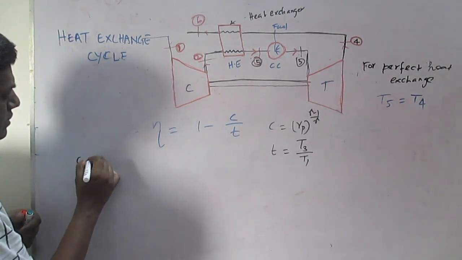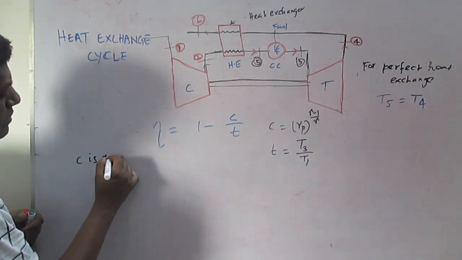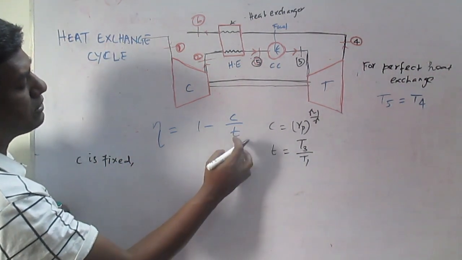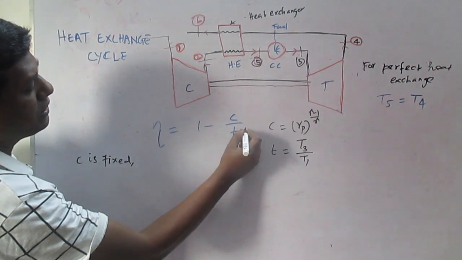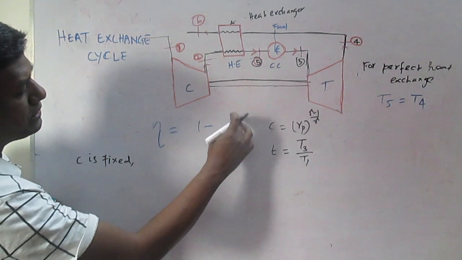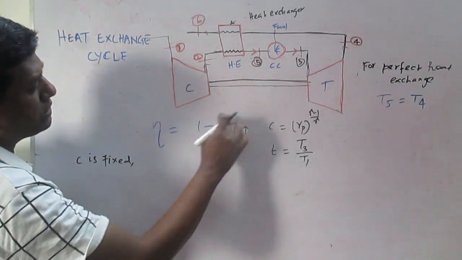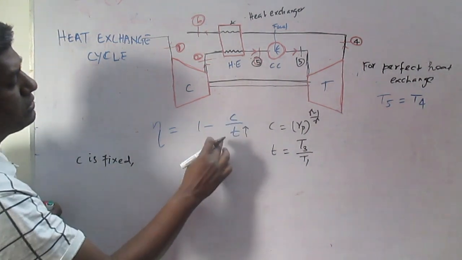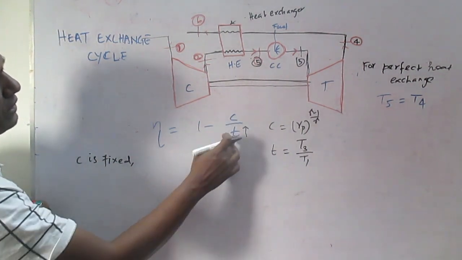Then what happens to the efficiency? If C is fixed and T is increasing, the ratio decreases. That is the idea.